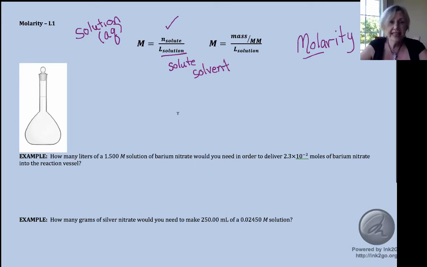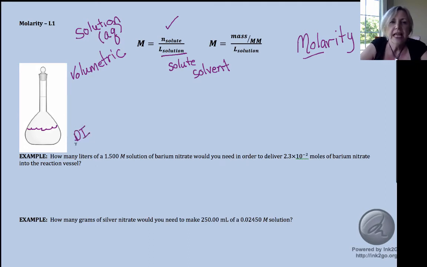Now, to make this, you would use a volumetric flask, typically. If you didn't need very much accuracy on this, then you could use a graduated cylinder. But usually you would use a volumetric flask, and here's how I would do it. I would add some DI water. We would never use tap water.